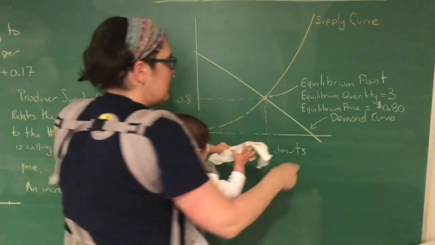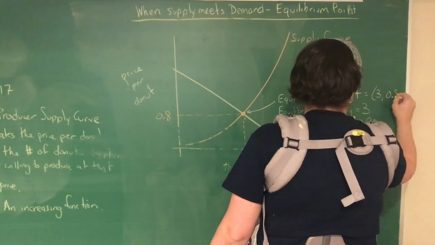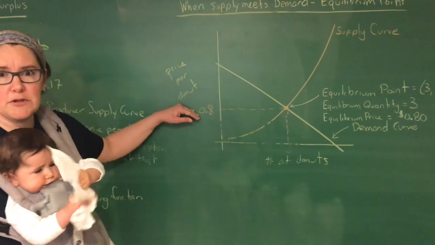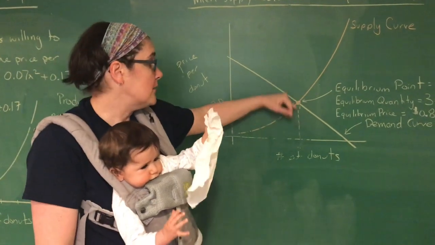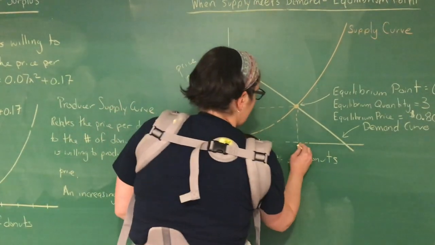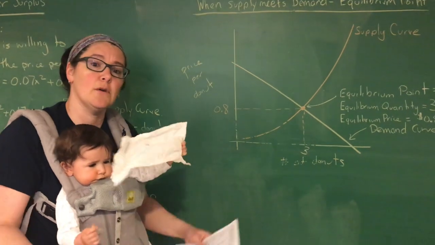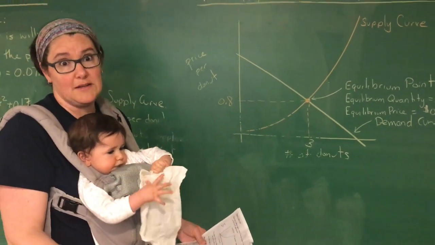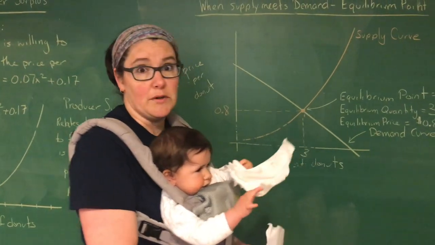Okay. If I label it as an ordered pair, then my equilibrium point is 3, 0.8. So what this says is, if the price per donut is set at 80 cents per donut, then the supplier is willing to supply 3 donuts, and the consumer is willing to purchase 3 donuts. So we have exactly the number of donuts produced that the demand is for those donuts. And so this is our equilibrium point.